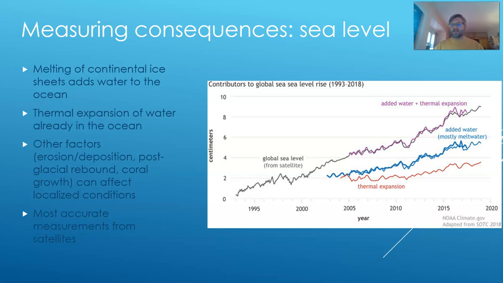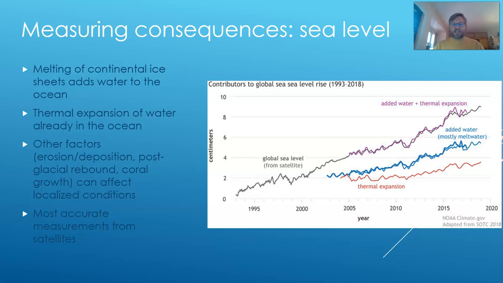That leads to what looks like decreasing sea levels in some parts of the northern parts of the world, because that post-glacial rebound is larger than the sea level rise that is happening. Coral growth, whether the corals are growing more or less depending on local conditions, can affect where the coastline of a coral island is located. So all of these things can layer on top of sea level rise.